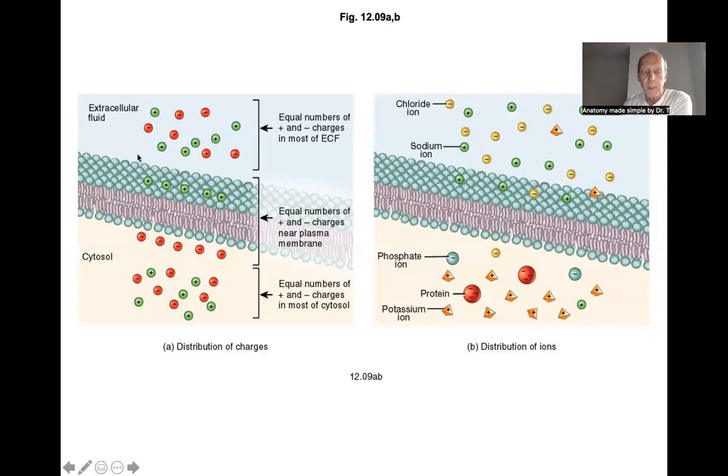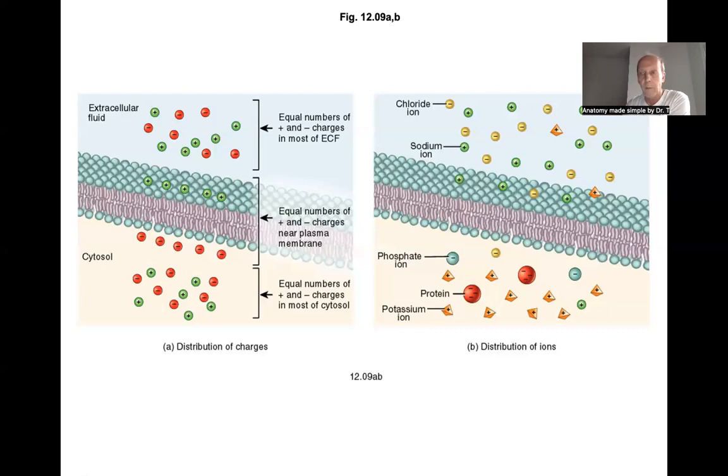So if we insert one probe of a voltmeter into the cytosol and keep another probe on the surface of the cell, the reading would show negative 70 millivolts, and that is what we consider to be the cellular resting membrane potential.